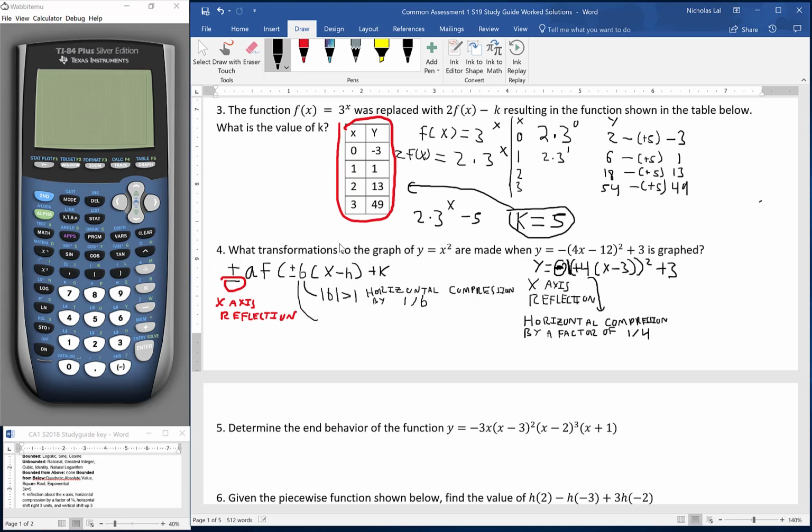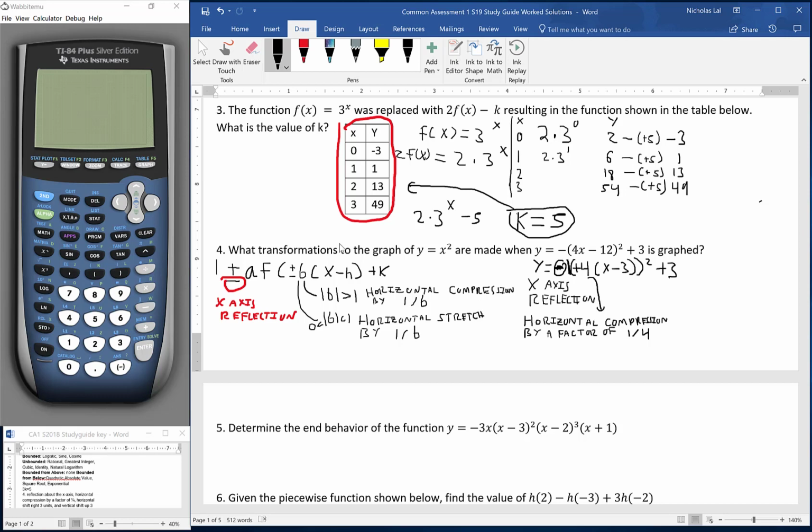If the absolute value of b is greater than 0 but less than 1, aka a fraction in between 0 and 1, you will have a horizontal stretch by 1 over b. Okay? So we have a horizontal compression, because 4 is greater than 1, by 1/4.